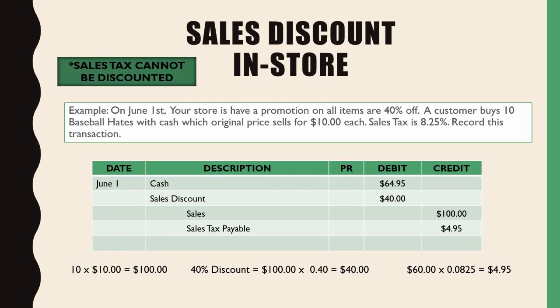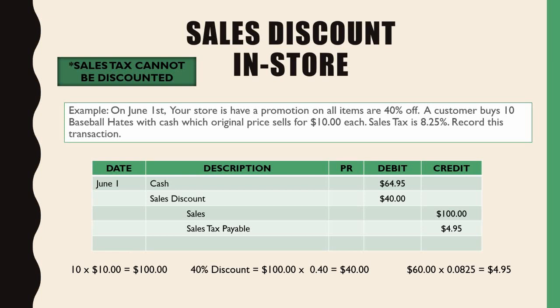So again, you want to make sure that you hit every single point and determine, okay, I made my sale, so how much is my sales? $100. 10 times 10, $100. What's my discount off of that? It's 40%. 40% of 100 is going to give me $40.